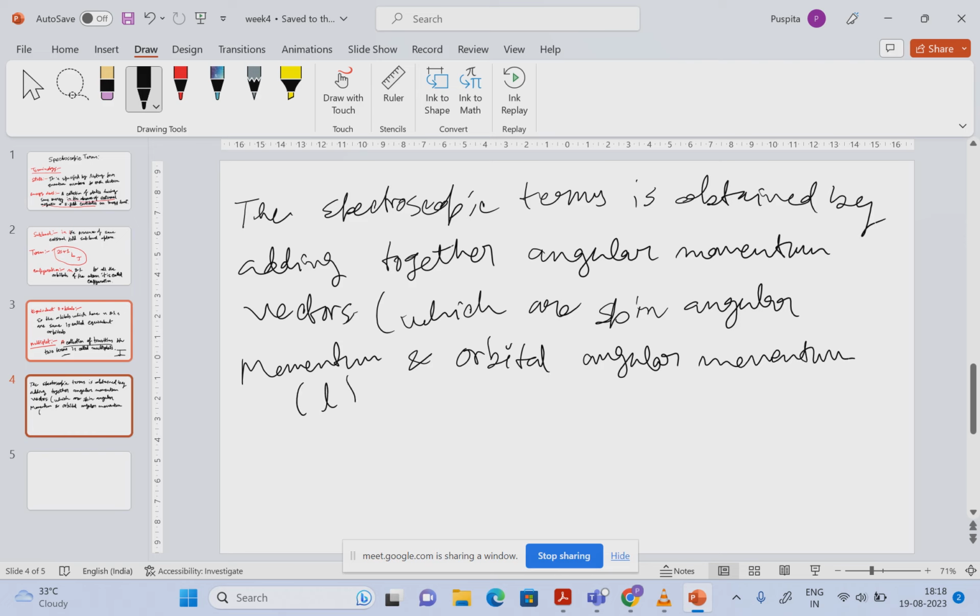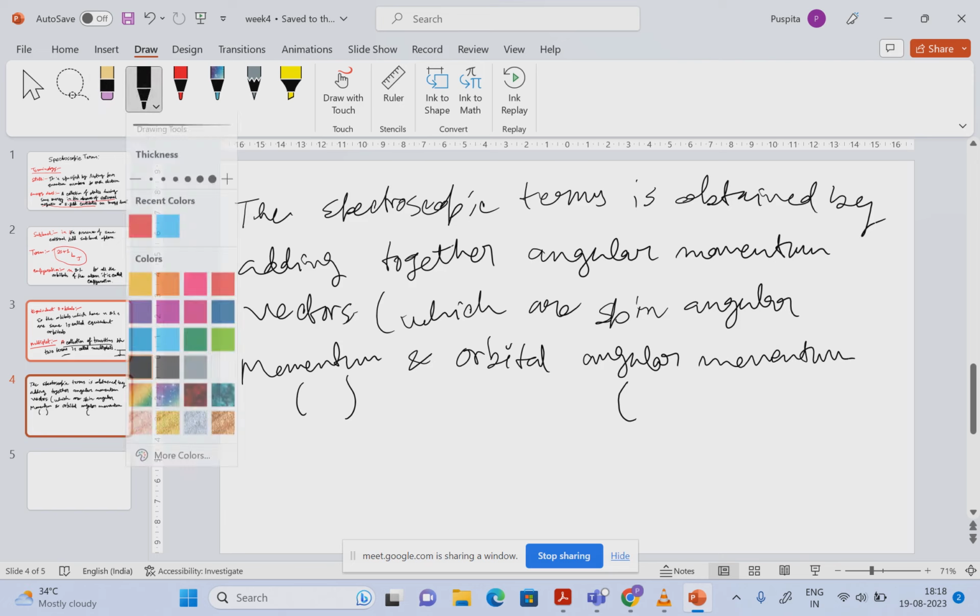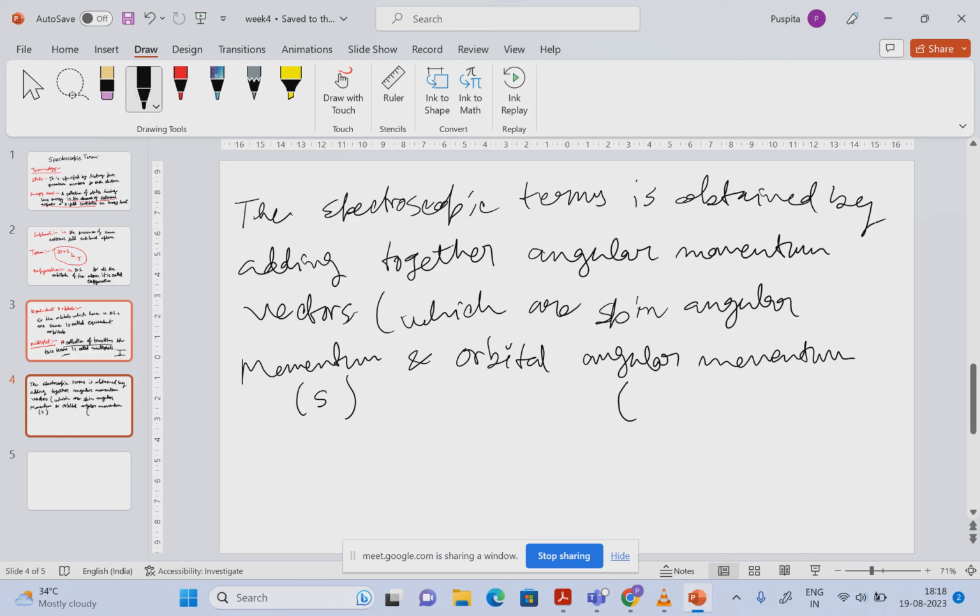Spin angular momentum is S. Orbital angular momentum is L. By adding these two, the spin angular momentum and orbital angular momentum of the individual electrons, we get the spectroscopic terms. Okay.